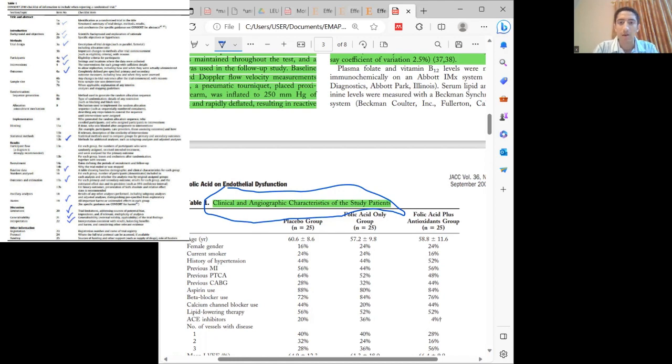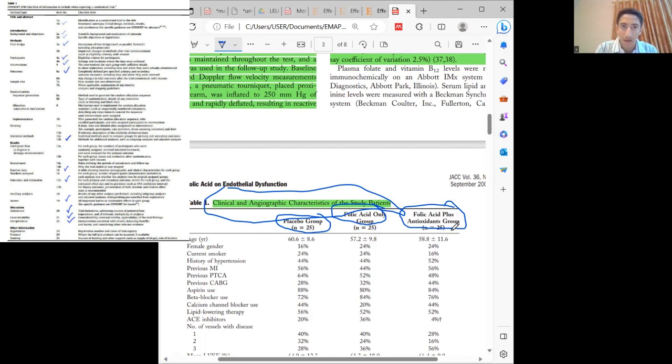Then baseline data, a table showing baseline demographic and clinical characteristics for each group: placebo group, folic acid only group, and folic acid plus antioxidants group. The data is actually by group.